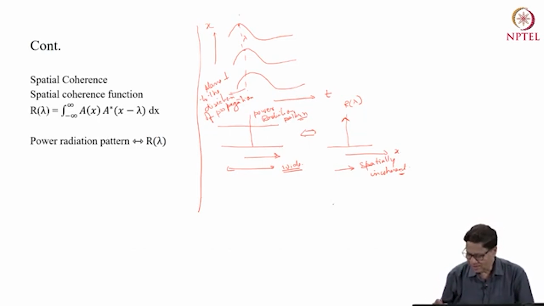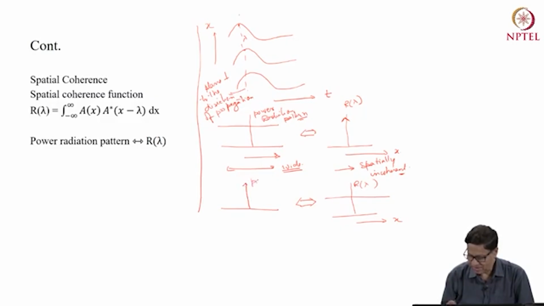So on the other side, if you have R lambda which is constant over all values of x, and if I take the Fourier transform of this, it will give me an impulse kind of thing.